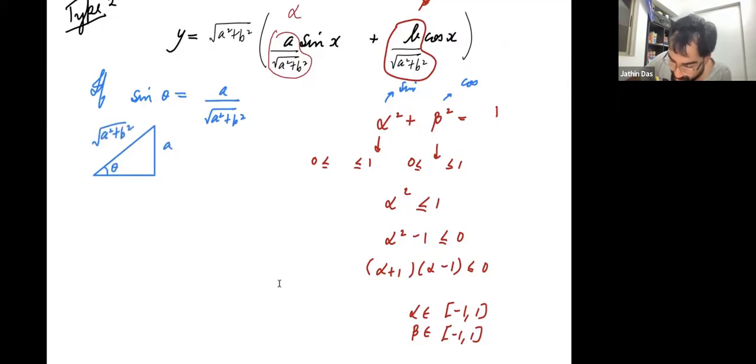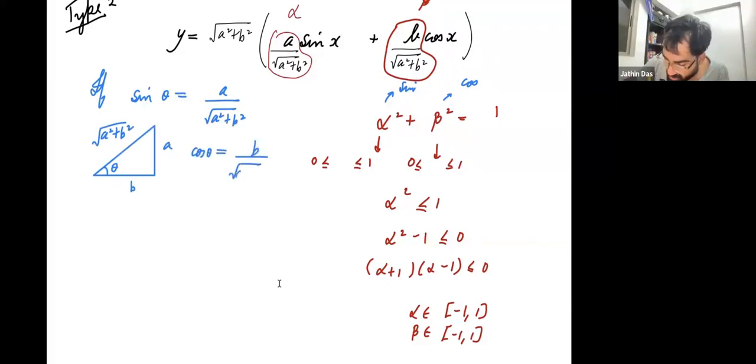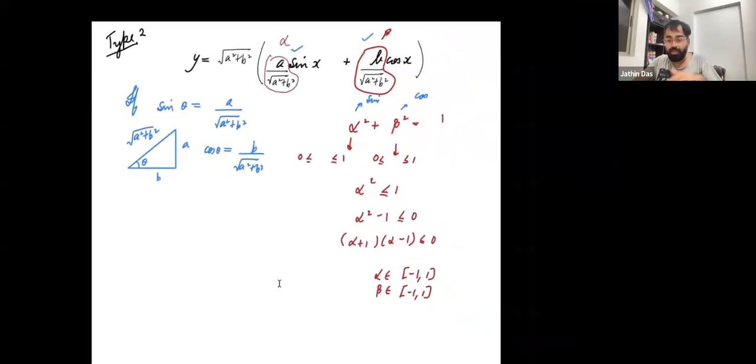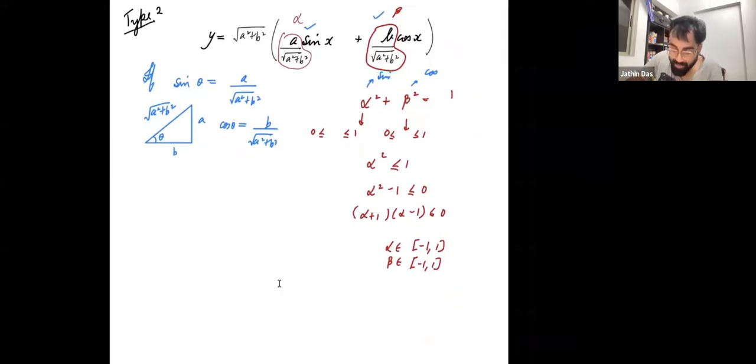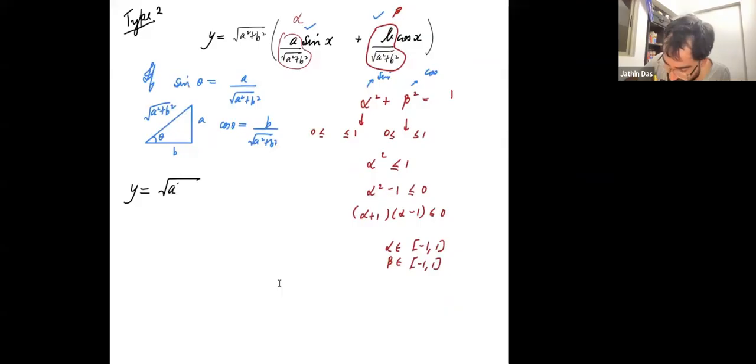According to Pythagoras theorem, you will get this as b. So your cos theta should be what? B by root of a square plus b square. So our जो भी assumption है that is true. So I write y is equal to root of a square plus b square, I can write this as root of sin x.